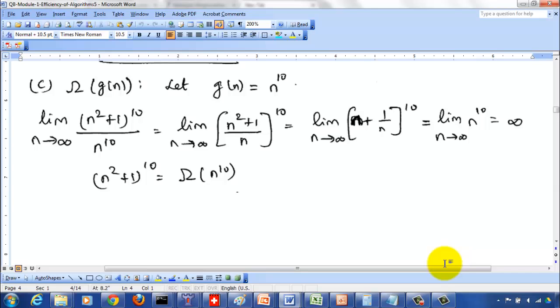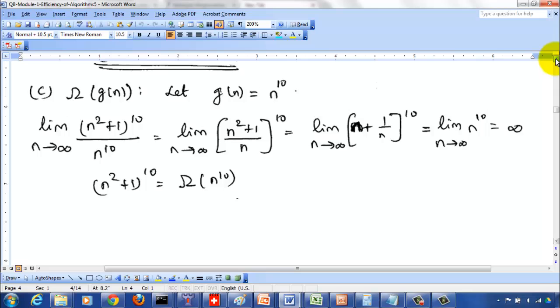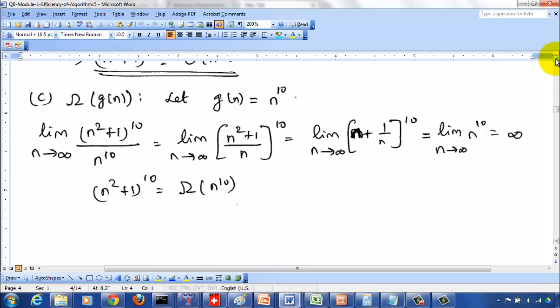I can get this n inside, so (n square plus 1) divided by n, the whole thing raised to 10. So it is (n plus 1 over n) raised to 10. When you apply the limit, it's going to be infinity. So (n square plus 1) raised to 10 is going faster compared to n raised to 10.